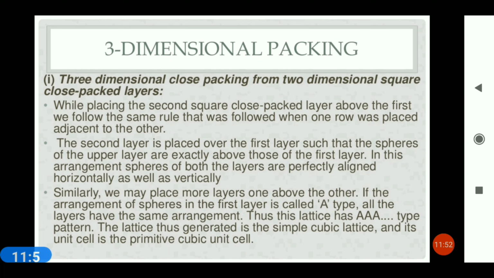Second layer is placed over the first layer such that the spheres of the upper layer are exactly above those of the first layer. In this arrangement, spheres of both the layers are perfectly aligned horizontally as well as vertically. Similarly, we may place more layers one above the other. If the arrangement of the spheres in the first layer is called A type, all the layers have the same arrangement. Thus, the lattice has AAA type of arrangement.